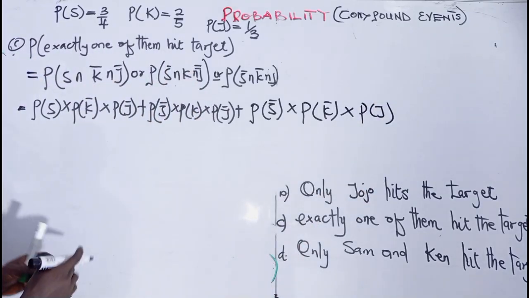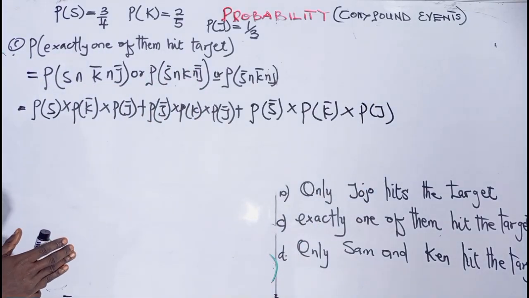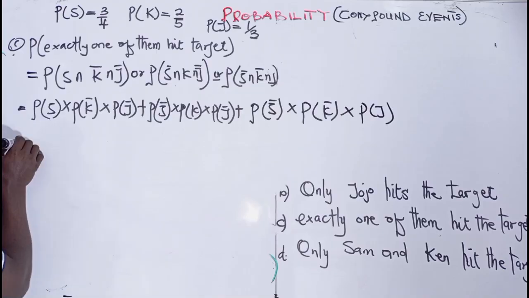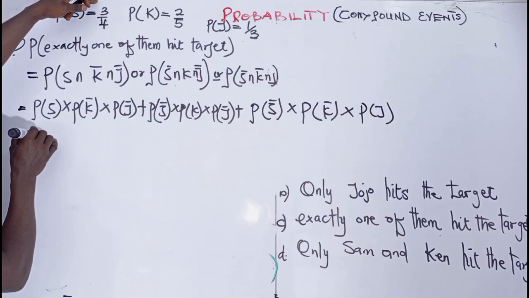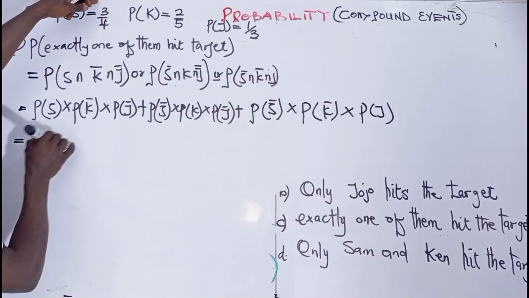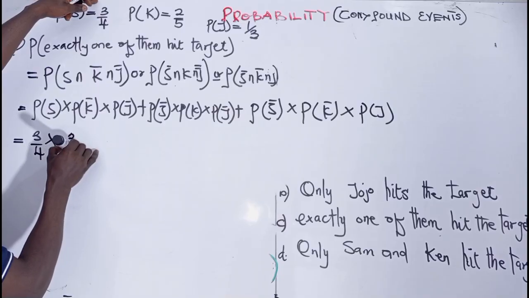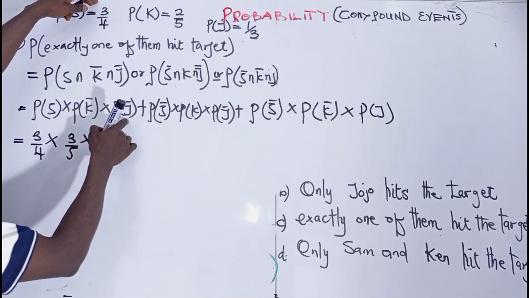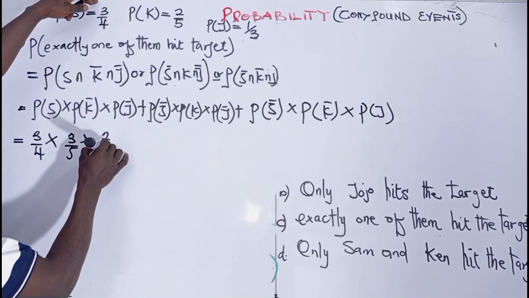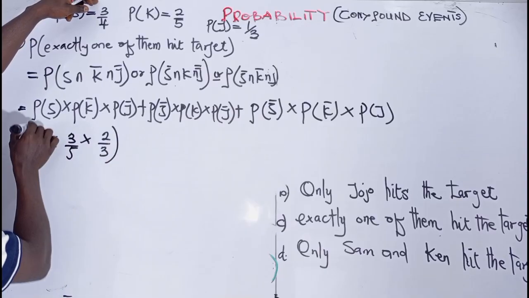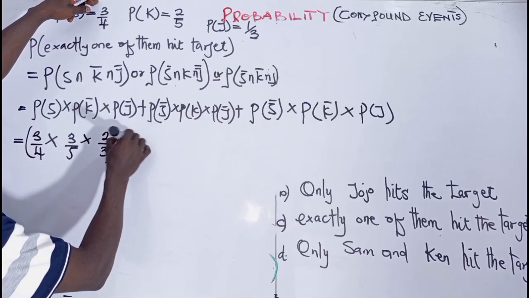So once we have this, we just have to substitute in their corresponding probabilities. P of S, we have 3 over 4. P of K complement, we had 3 all over 5. P of J complement, we had 2 all over 3. Then we have plus.